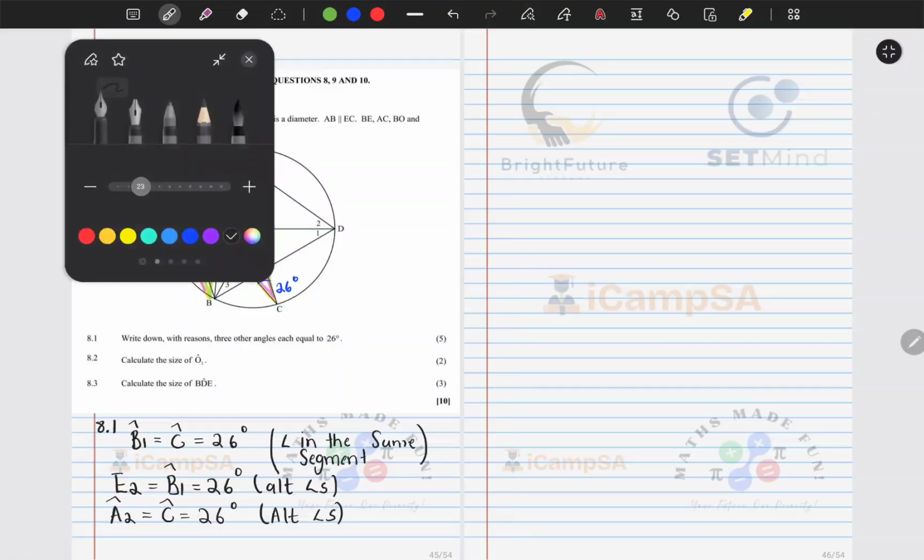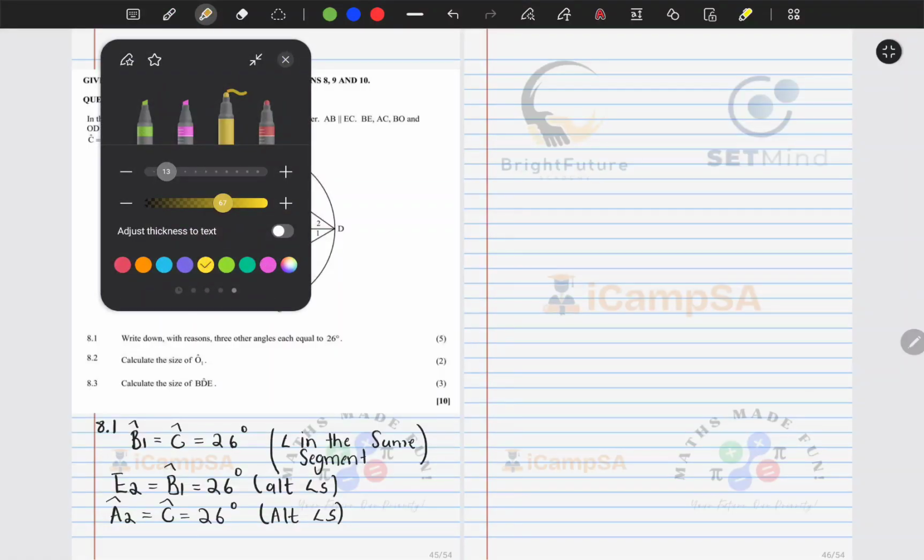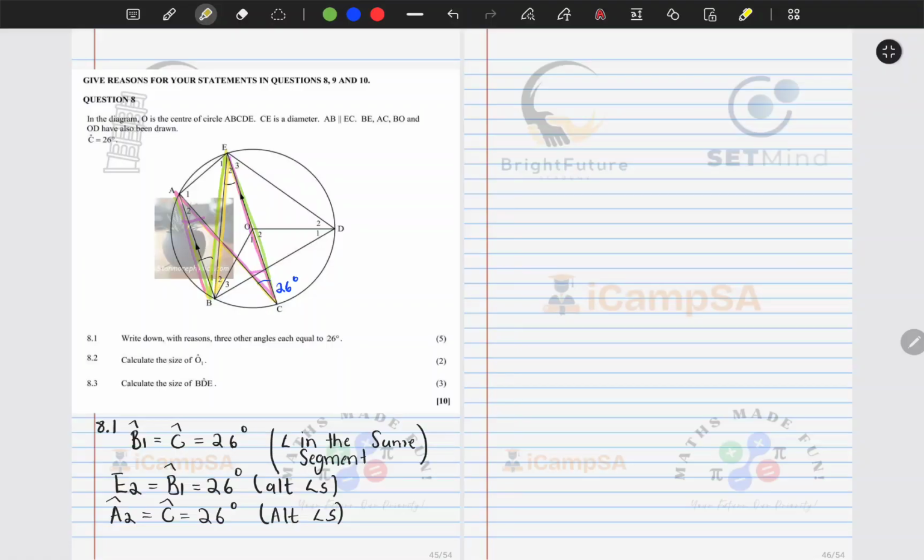The missing angle, if you observe carefully, is B2. So let's have a look at this triangle. If you look at triangle OBE, you will see that the angle B2 equals angle E2, because these are radii. So these are just angles opposite equal sides.